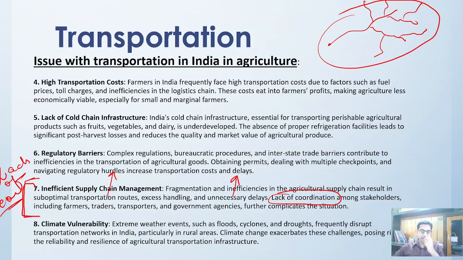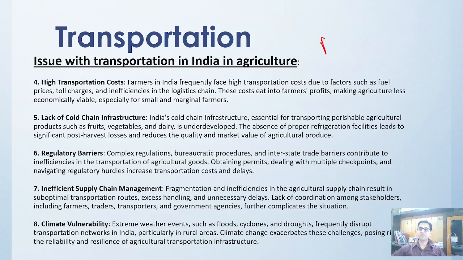Then, after all the things are set, there may be climatic vulnerabilities. Right now we are seeing that it is raining during the months of February and March. This is the ripening period of wheat in North India.